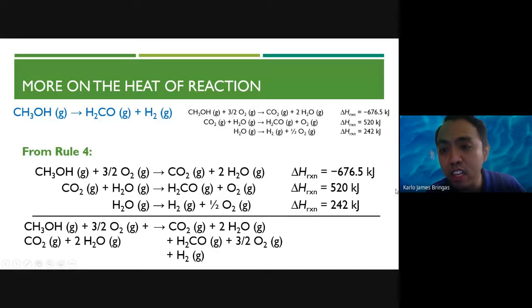You can actually get your calculator if you want to double check this one. Negative 676.5 plus 520 plus 242. Let me fast forward. Negative 676.5 plus 520 plus 242 gives me a sum of 86 kilojoules.